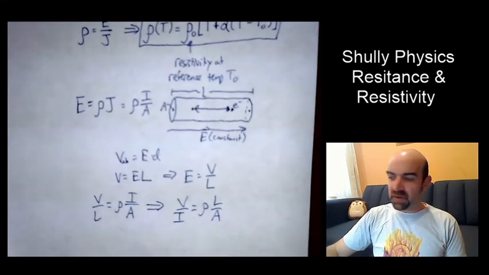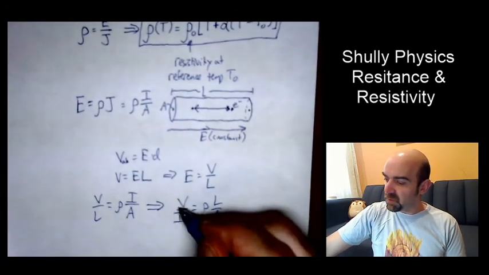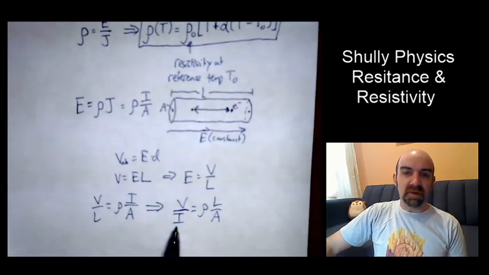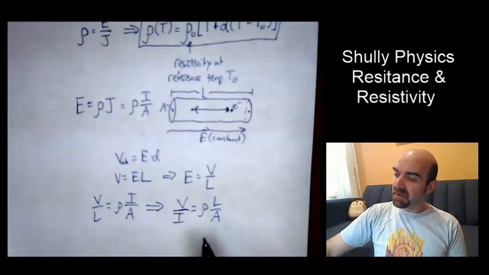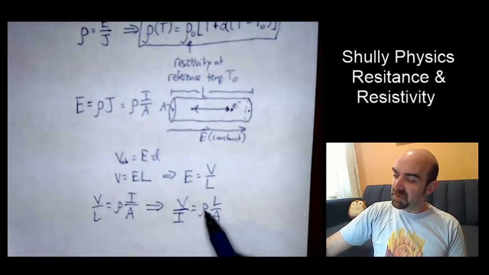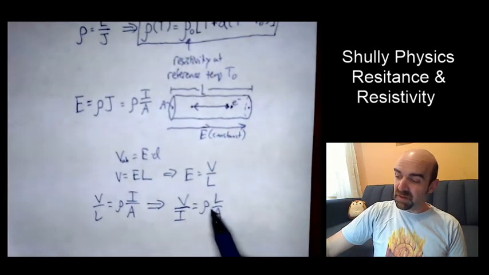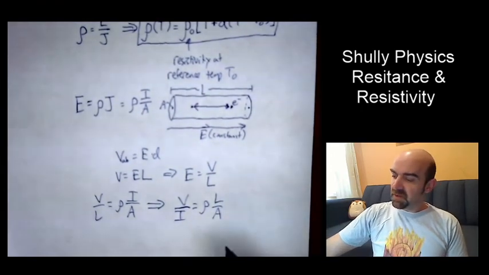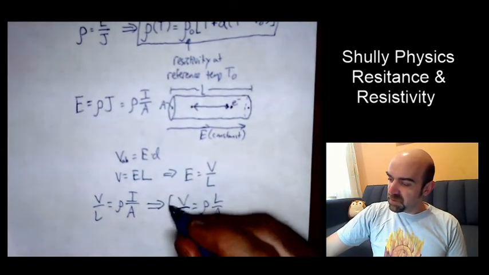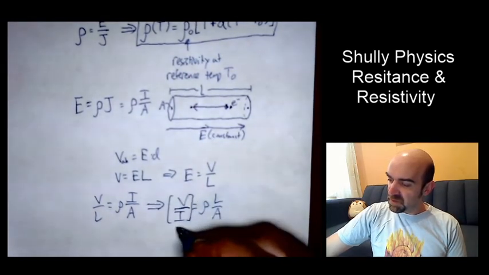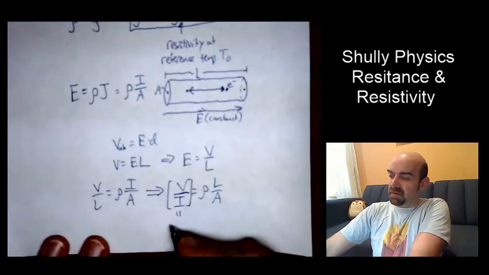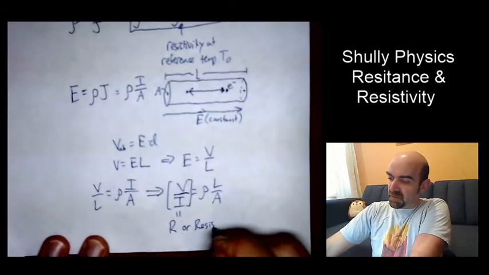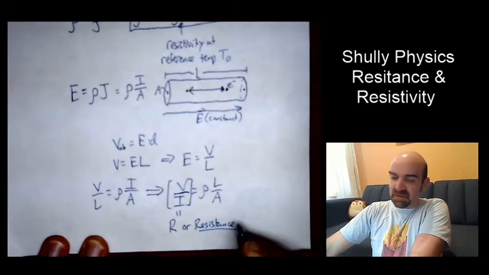So a ratio of the potential difference from one side of the conductor to the current passing through the conductor is related to the resistivity of the wire, the length, and inversely proportional to the cross-sectional area. So this ratio here is what we call resistance, the resistance of the wire.